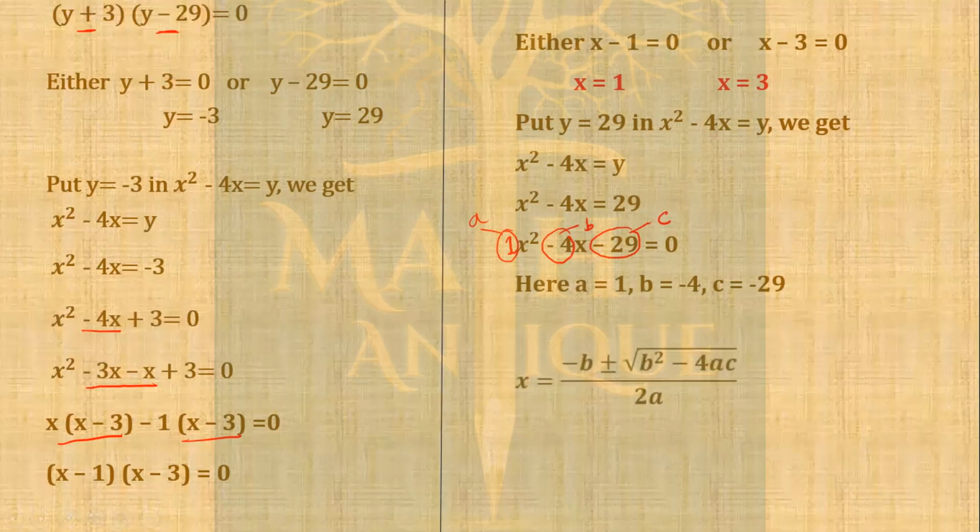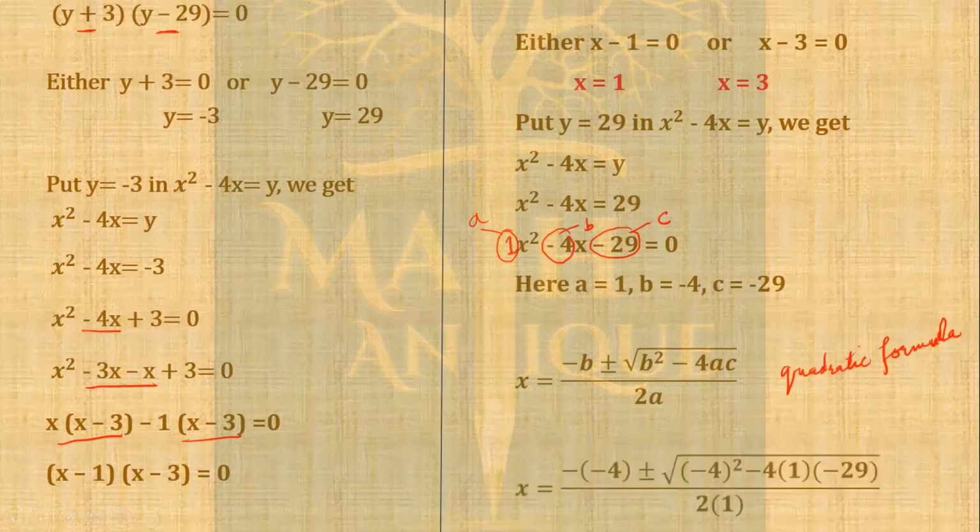So we have the formula, the quadratic formula. We cannot solve by factorization, so we will use this formula. This is called the quadratic formula. Substitute the values of a, b, and c in this formula. We'll get this: b is minus 4, a is 1, c is minus 29.